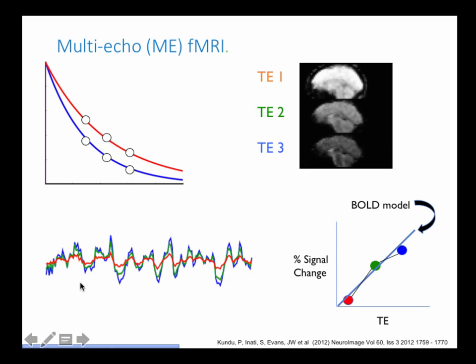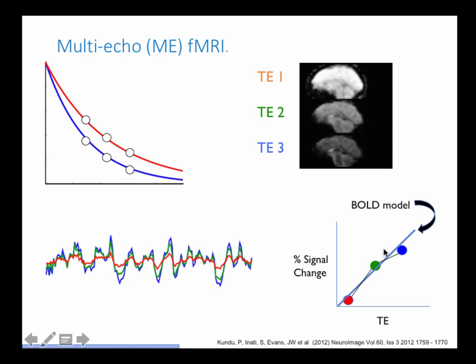If we then look at the time series from one particular region, you'll see that the time series is scaling. We can take advantage of this scaling property to plot the signal versus the TE of the image that we took, and you'll see that it scales nicely.